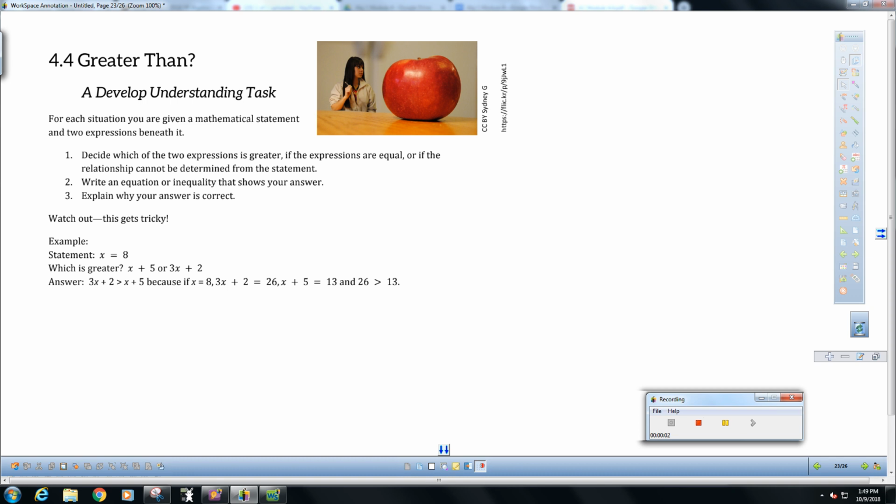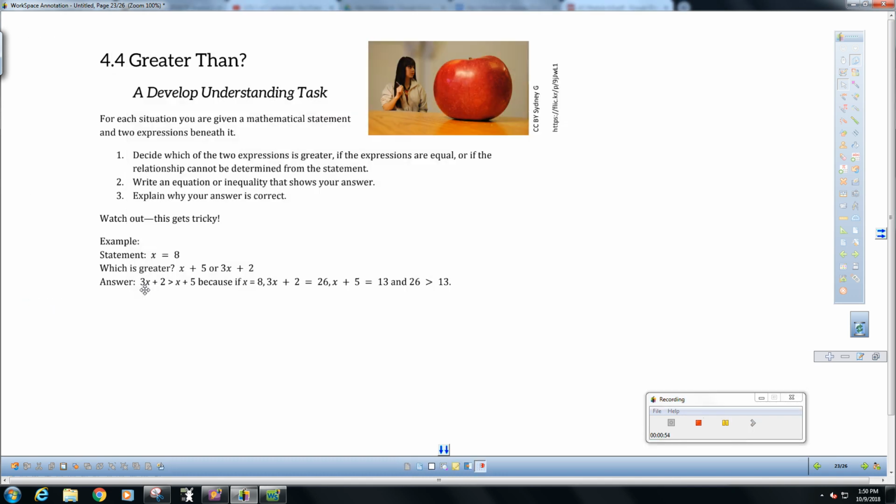So, for example, x is 8. Which is greater, x plus 5 or 3x plus 2? The answer is 3x plus 2 is greater than x plus 5, because if x is 8, 26 is greater than 13. You follow what we're doing here, Carson?